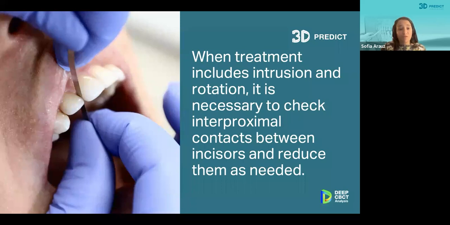So it is important that every visit that you have the patient in the chair because you're changing attachments or you're doing IPR, you're checking those interproximal contacts. If the floss is not going through or if it rips, you might need to reduce it just a little bit with the strip, like you would do after you do a composite. Not too much, just enough for the floss to go through.